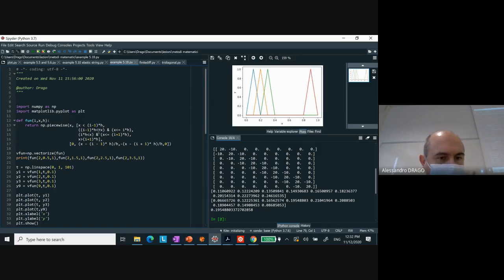Okay, so this is concerning how to write the piecewise function, and this is, of course, a plot of a few of these piecewise functions. Let's just have a look. I used the usual trick. This is the function, and I want to plot it.